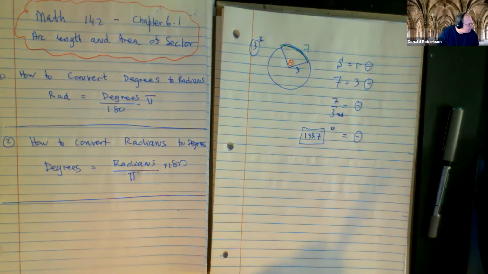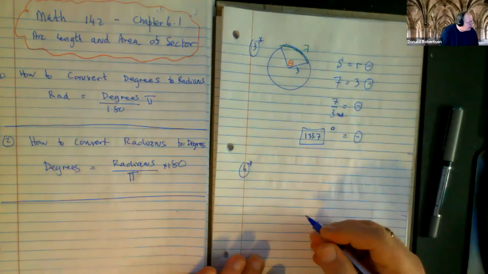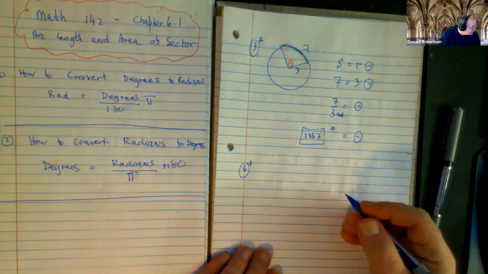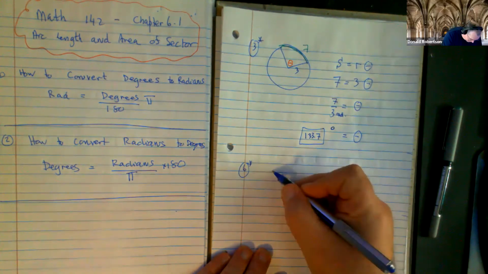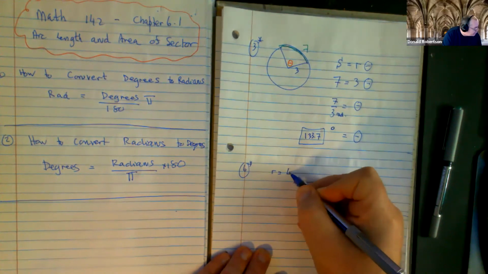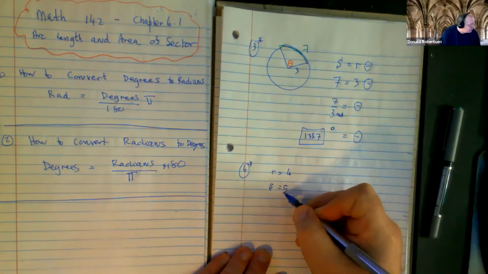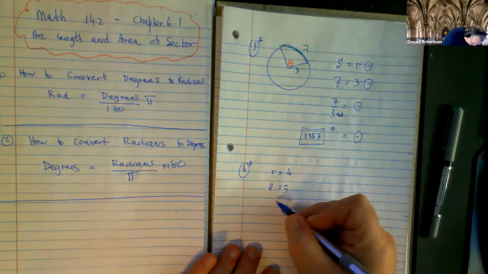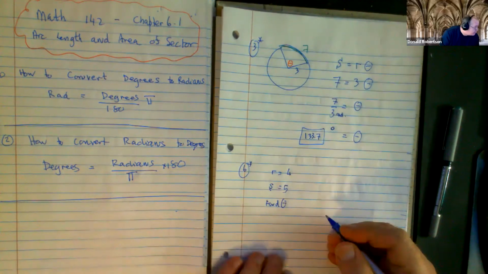Now, if we move on and do something a little bit different, this is question 6. They don't give you a picture, but they tell you the center angle is called theta. They tell me the radius is 4, and that the arc length is 5. And they want us to find theta, but there are 2 questions.